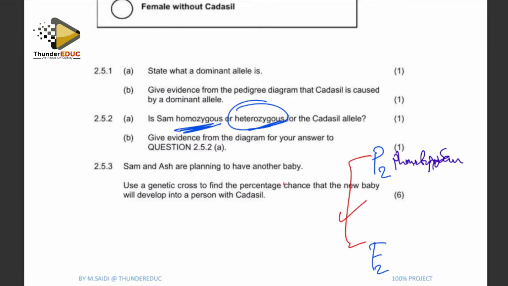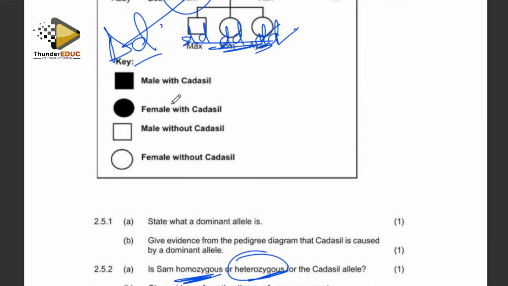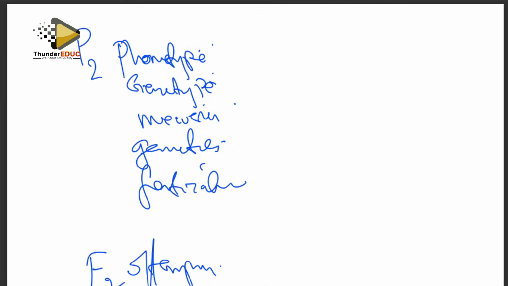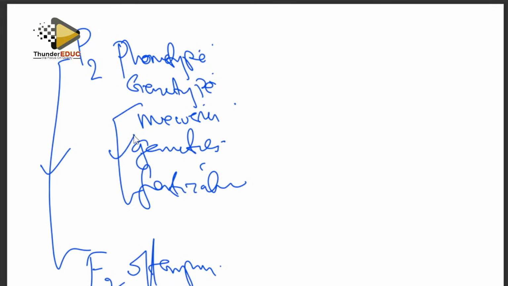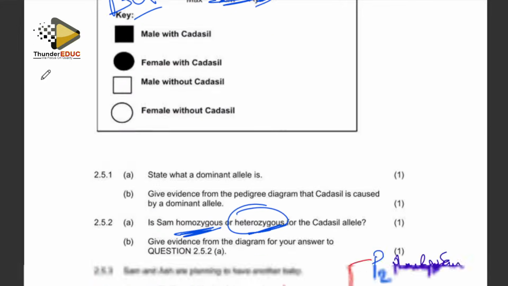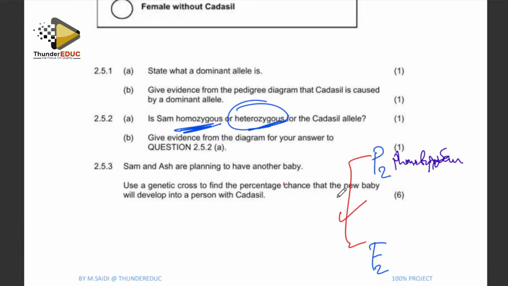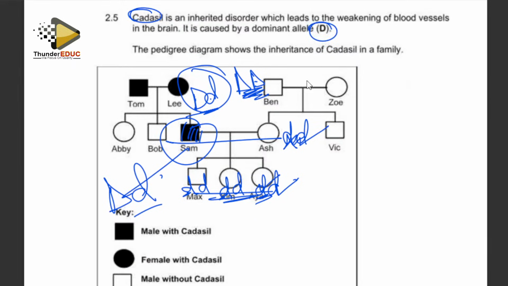So now I'm going to come here and check. They're saying that Sam has the condition, so I'm going to write the genotype. We mark you here, we give you a mark there, and another mark there. So now the study mark is Sam, who has the condition, crossed with Ash. Ash is normal.